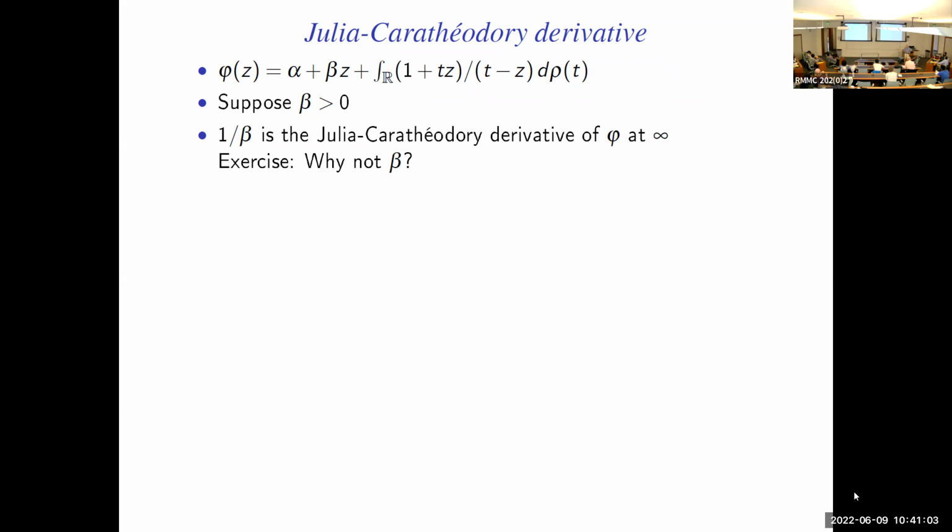So it's an exercise for you here. Why is it 1 over beta and not beta? Okay, homework. Because after all, that's the linear term, and that's something that's smaller than the linear. But anyway, 1 over beta is the Julia-Carathéodory derivative of phi at infinity.